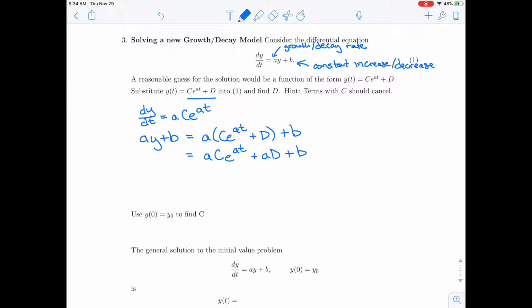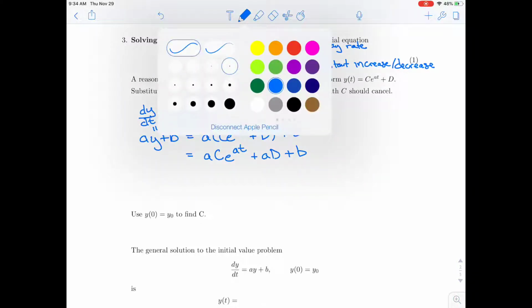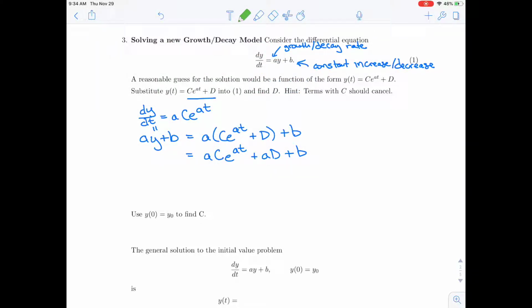I want to note that these two quantities are supposed to be equal to each other. I could start matching terms and notice that a c e to the at matches this a c e to the at.